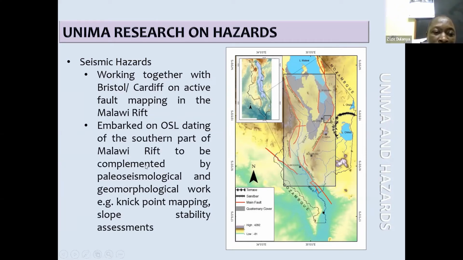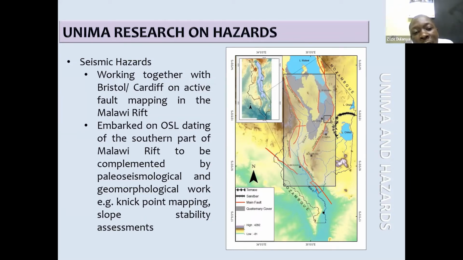But as a department, we have also been working on mapping some of the rift sediments, trying to date them. One of the challenges that we've seen in the rift areas is that, for example, when we have an earthquake, there are lots of solifluction activities, so mixing up of various sediment and water, and so it becomes very difficult to precisely understand whether a fault is active or not.